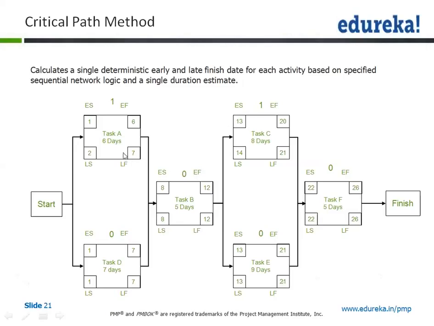If you remember, what we talked about is early start, early finish, late start, late finish. These are the terms we have used in this critical path method. Okay. And there are 2 more terms we need to use here, and those terms are forward pass and backward pass.